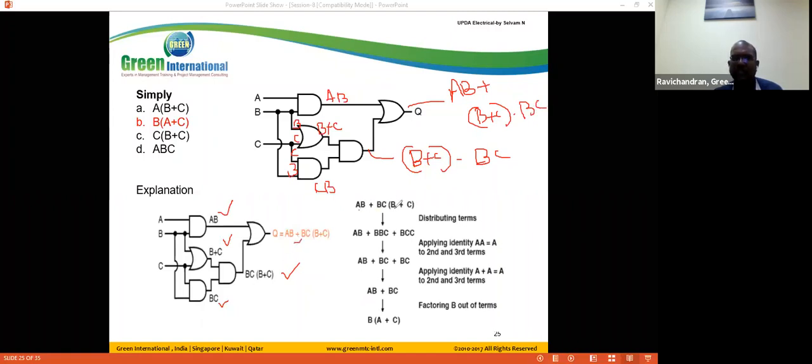So now we get this equation. Now we simplify this equation and we get the answer. So definitely this type of questions they may ask.